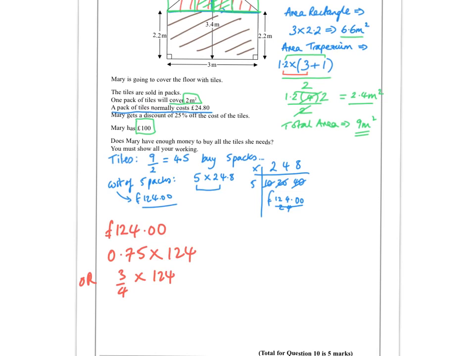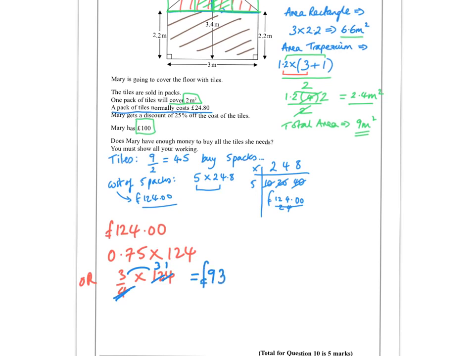In this case, I think that would be my preferred way. We can see here that 4's go into 12 3 times, and the 4 goes into the 4 once. So we've really got 3 times 31, which is £93. That's with the discount taken off.